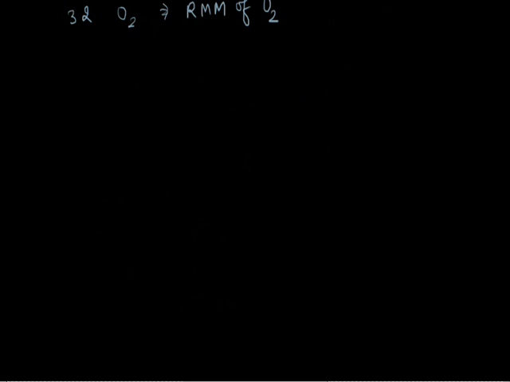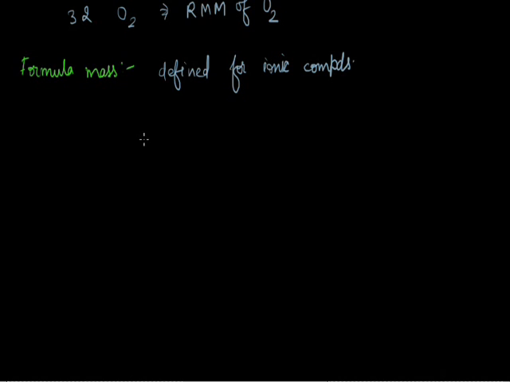Now the third one is formula mass. It is defined for ionic compounds because in ionic compounds a single molecule existence is not possible. Like if we take the example of NaCl, there will be Na plus and Cl minus.